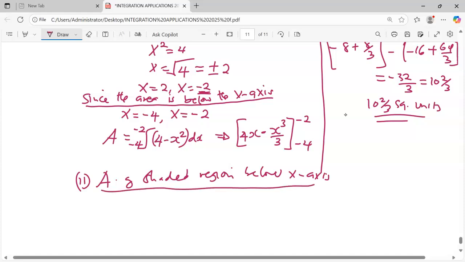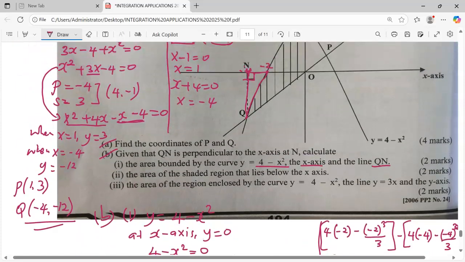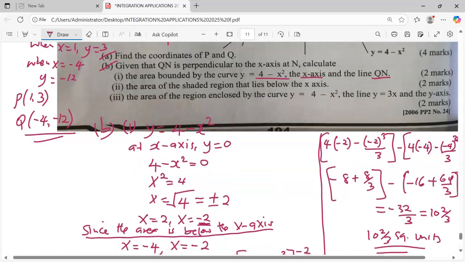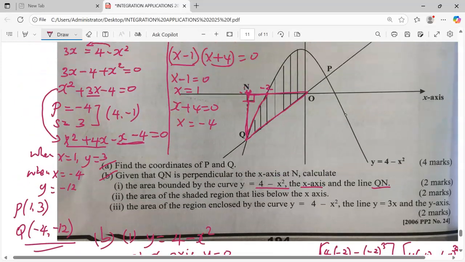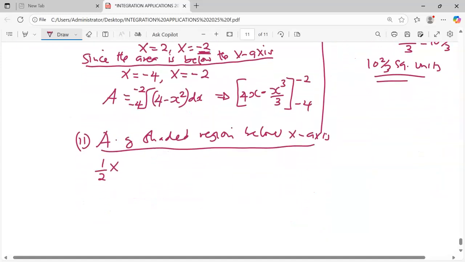This is very easy because we already know that NQO is a right angled triangle. We can get the area of the shaded region by taking half times, remember ON is 4 and the QN is 12, and therefore we are going to have half times base times the height, which is 12, and this one is going to give us 24.